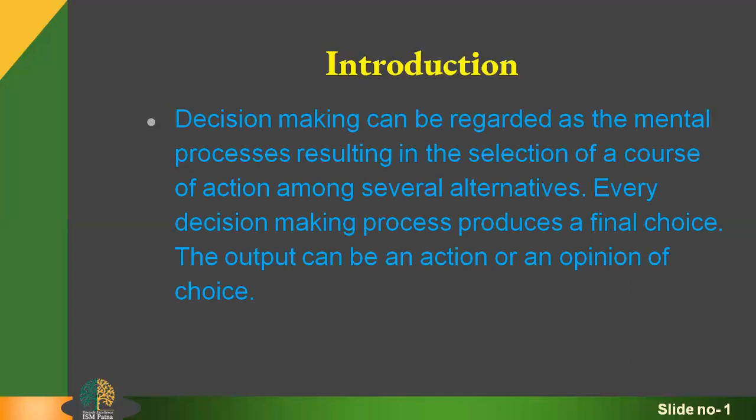So based on this information, the managerial people have to make a decision for optimization of the business process, number one. Or if something is going wrong in the business, then they have to rectify it.